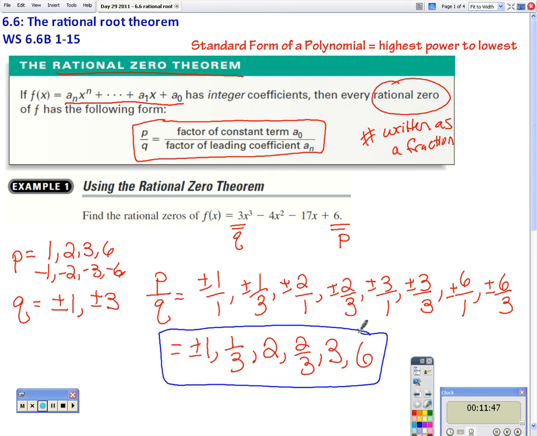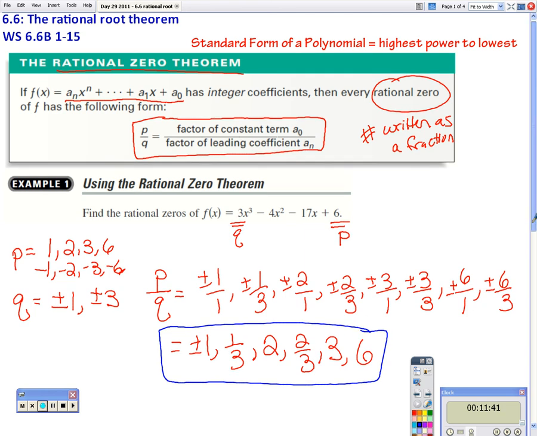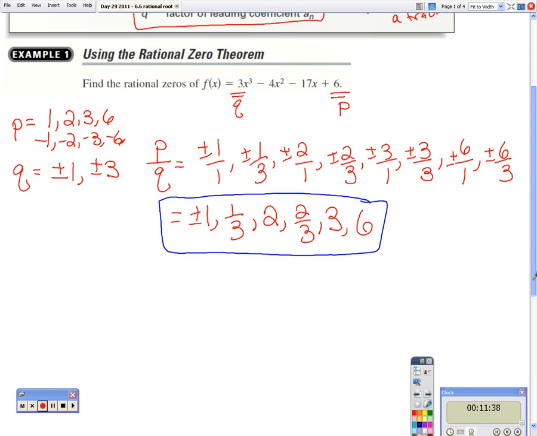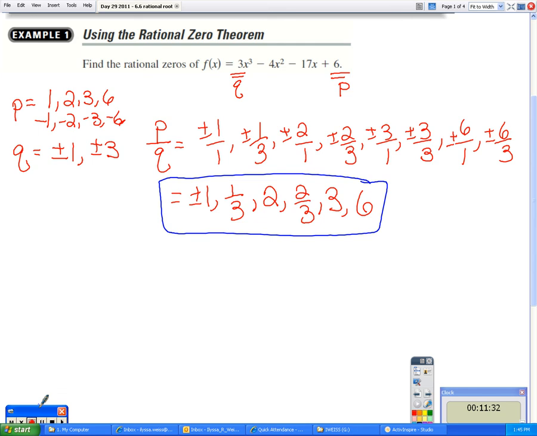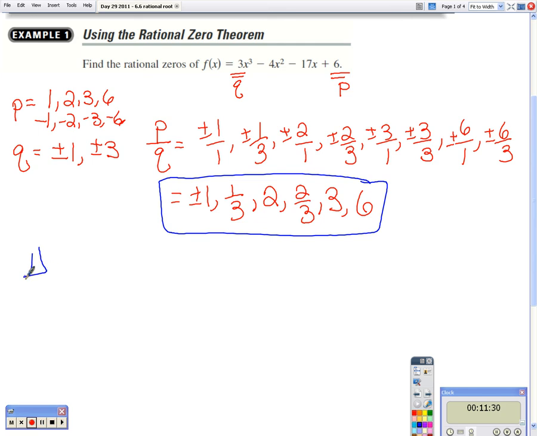And you might be asking yourself, well, how are we going to pick which one to start with? You get to pick your favorite number. And then we're going to use synthetic division. So I'm going to start with 1. Maybe that will work. So for synthetic division, I'm going to write all of my coefficients.